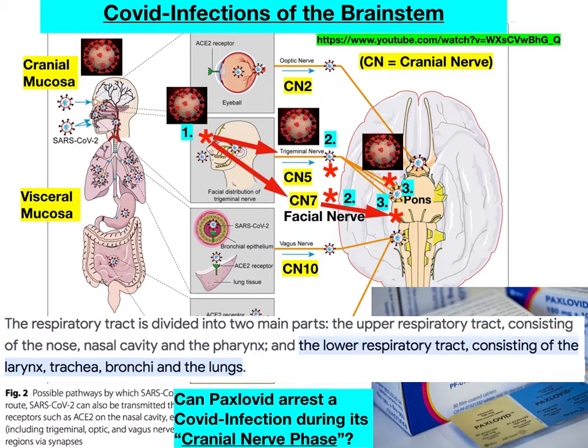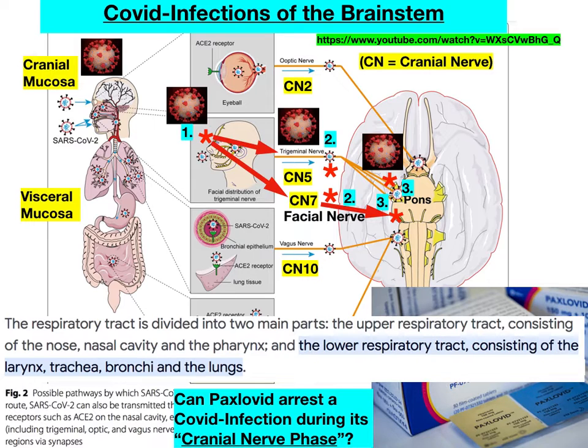So again, can Paxlovid arrest a COVID infection during its cranial nerve phase? It of course depends on which cranial nerves are involved and whether the Paxlovid is being applied during a time window where there is replication of virions taking place within the peripheral nervous system.